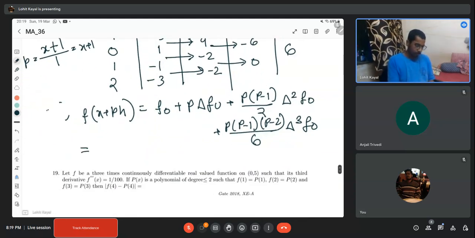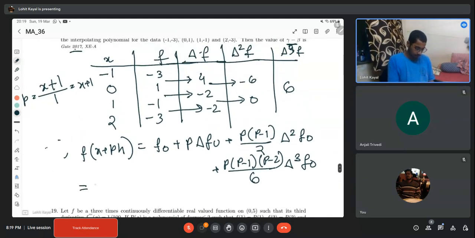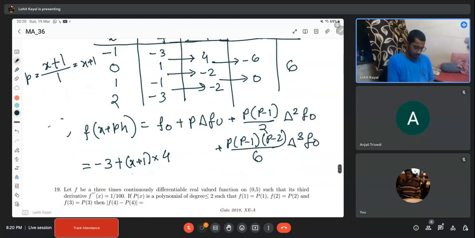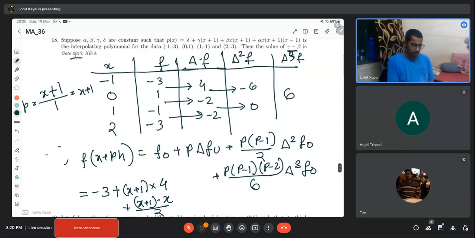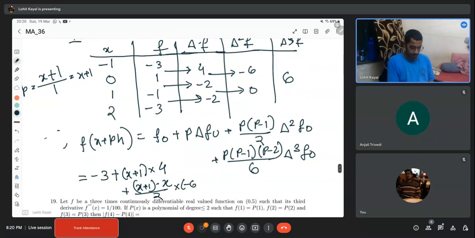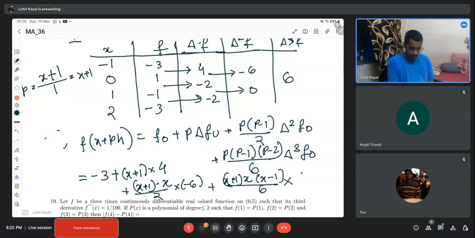So now f naught is minus 3, plus p, which is x plus 1, times delta f naught, into 4, plus p into p minus 1, that means x plus 1 times x by 2, into delta square of f naught, which is minus 6, plus x plus 1 times x times x minus 1 by 6, into 6.